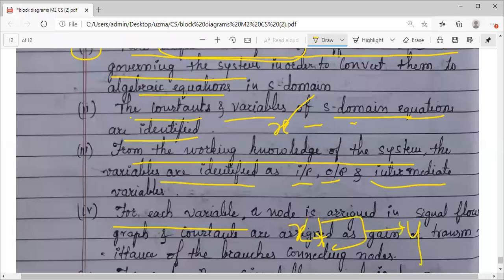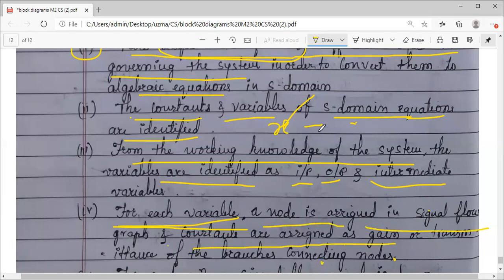These x and y can be written as these two nodes with a branch, right? So x and y are the variables, and variables are nothing but the nodes. So depending on the number of variables in your set of equations, for each variable a node is assigned in the signal flow graph, and constants are assigned as gain.